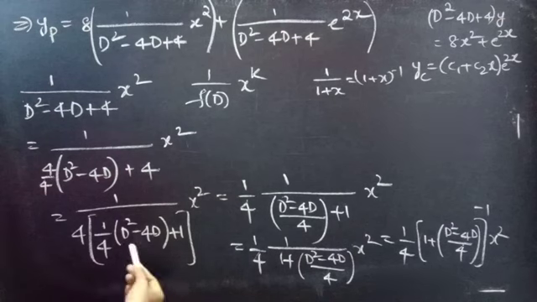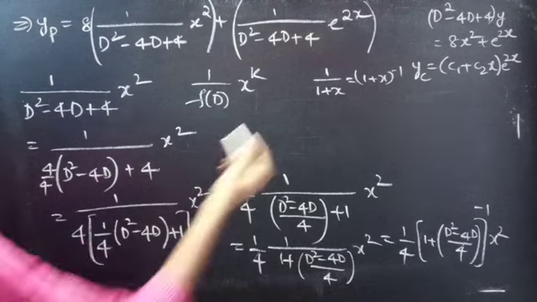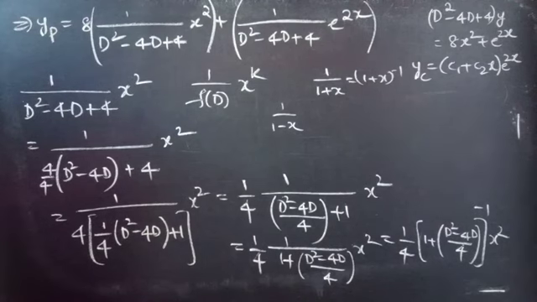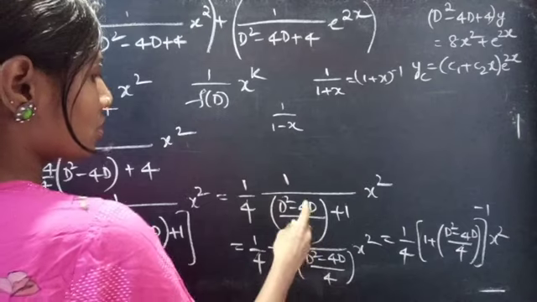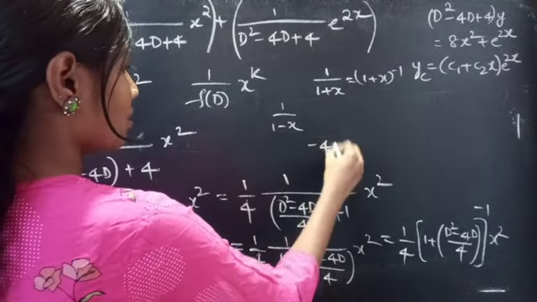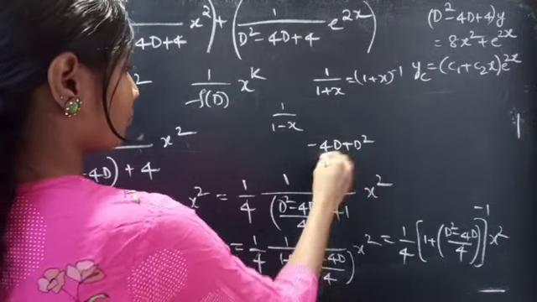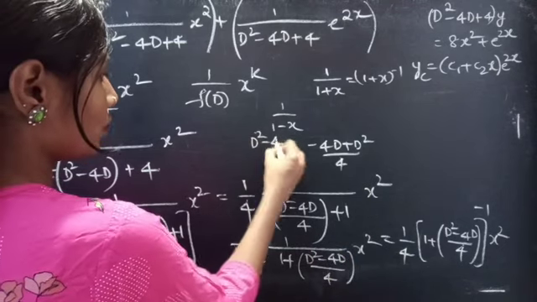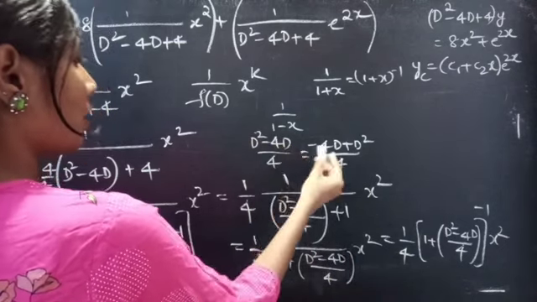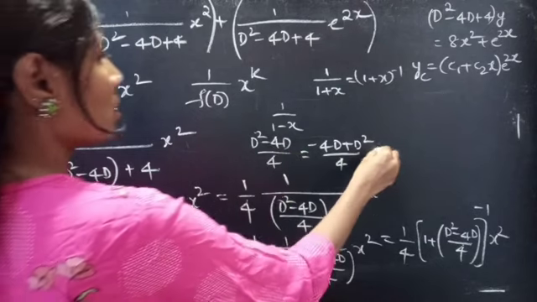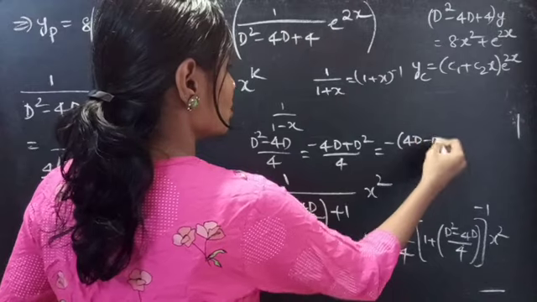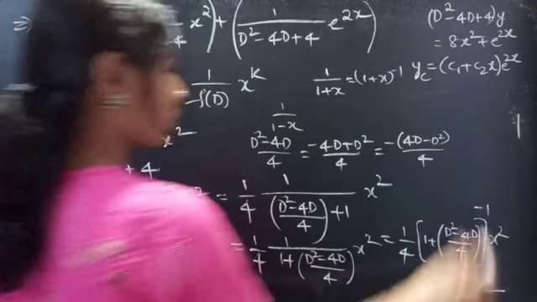Also, you can write this fraction in 1 by 1 minus x form. Okay, simply you can replace this term, d square minus 4d by 4, as minus 4d plus d square by 4. Now take minus common, then we'll get minus of 4d minus d square by 4.